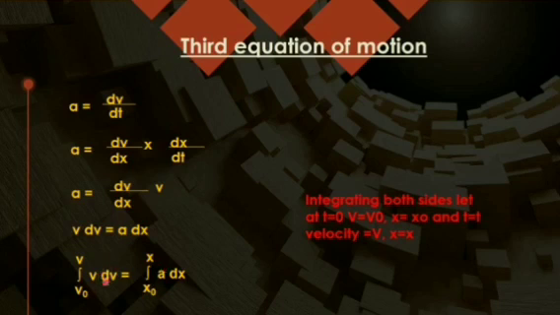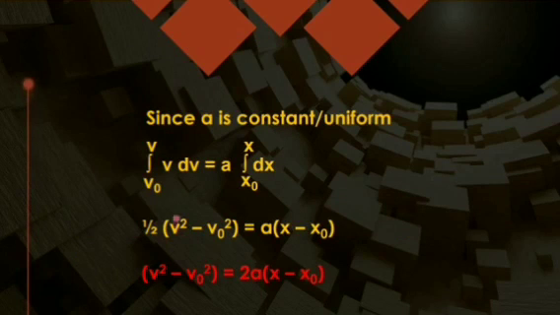So you have to find the integral of v dv, and of dx. The integral of v power 1 will be v square by 2. Here a will be taken common, and the integral of dx will be simply x. So you have to put the limits, upper limit minus lower limit.